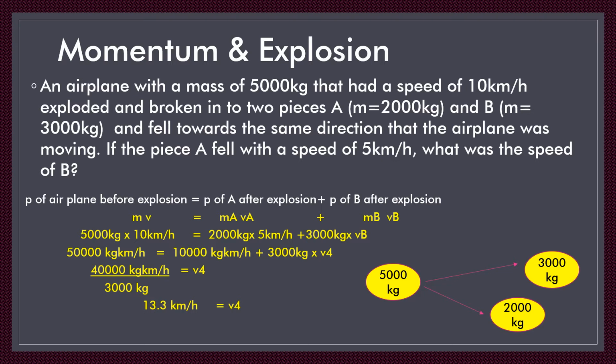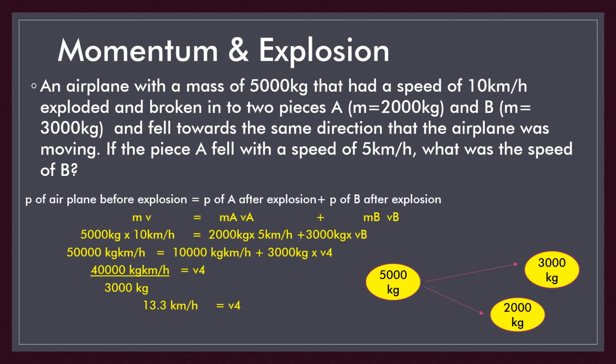In this problem, we can take the momentum of the airplane before the explosion equal to the momentum of piece A after the explosion plus the momentum of part B after the explosion.